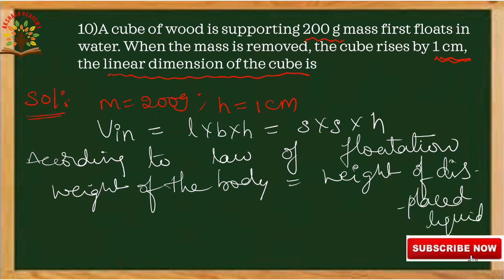So the weight of the body, mg, is equal to V into rho L into g. This is the weight of the displaced liquid and this is the weight of the body.